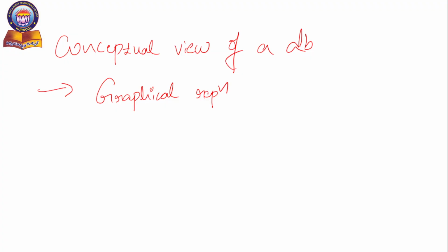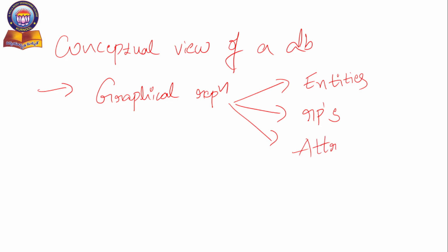What is a graphical representation? It is a collection of entities, relationships, and attributes. So finally, the ER model is a graphical representation of the entities, relationships, and attributes.